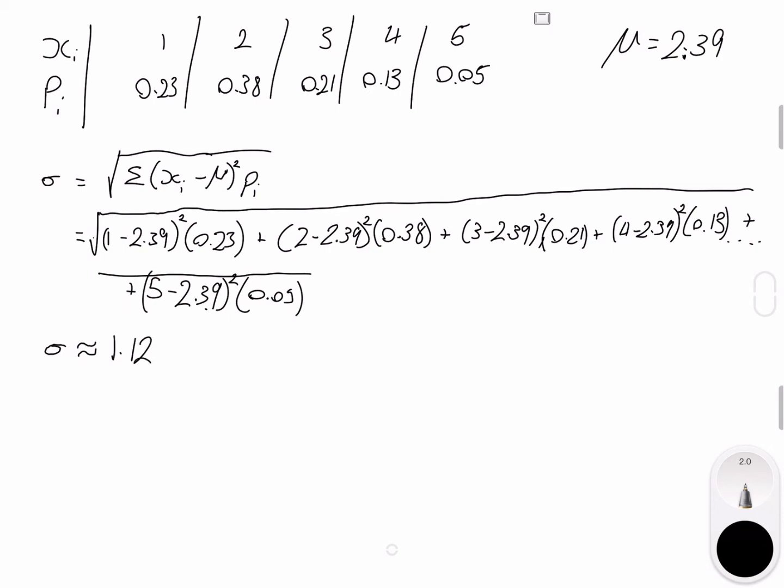As we probably remember from our normal distribution, the majority of the data is going to lie within the first three standard deviations. If we take our mean and go one standard deviation either side, that's going to be roughly 68%, so roughly 68% of people will buy a magazine within that range.